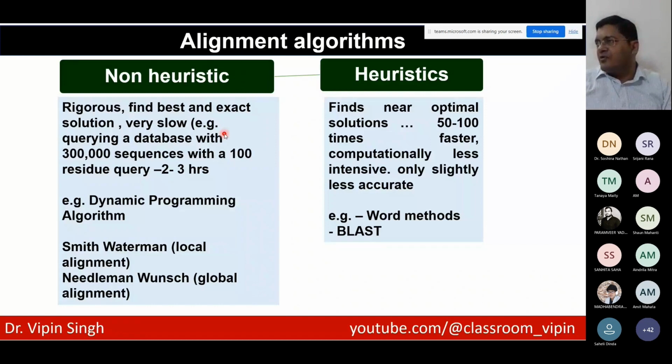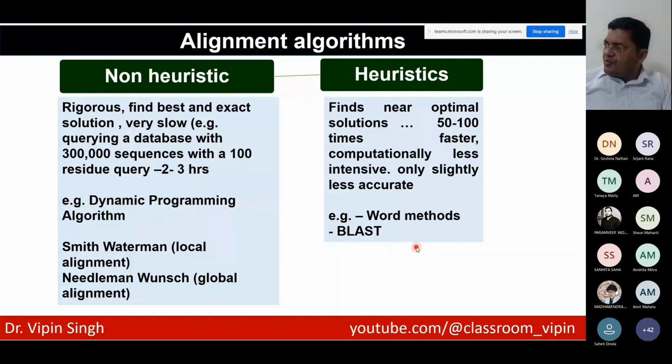Heuristics, on the other hand, is what is known as an intelligent guess, right? We talk of Smith-Waterman and Needleman-Wunsch, which are non-heuristic alignment algorithms. BLAST is a heuristic algorithm. So what does BLAST do? Let's say I give a query. It will first break the query into smaller pieces.